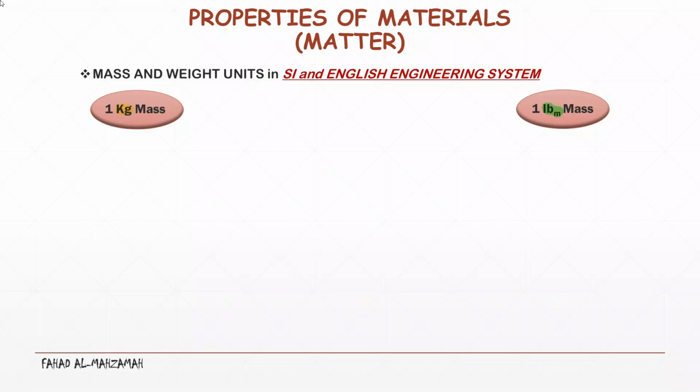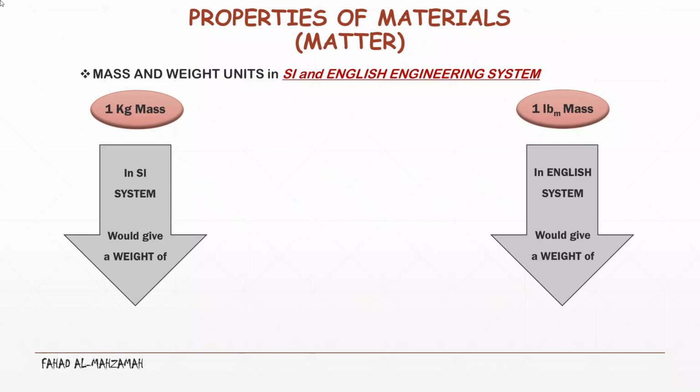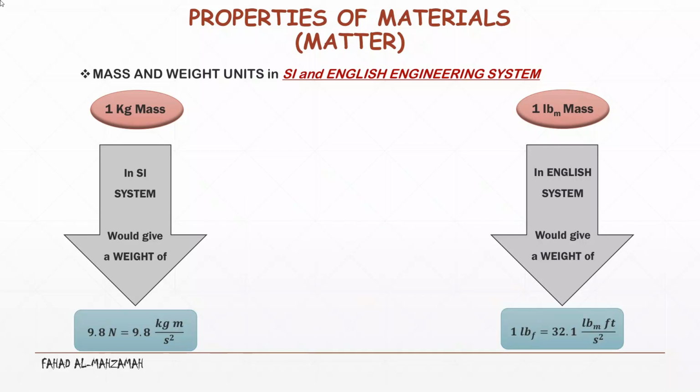Now, the weight is a multiplication by the acceleration of gravity. In the SI system, 1 kilogram mass gives a weight of 9.8 Newtons, which is exactly equal to kilogram meter per square second.